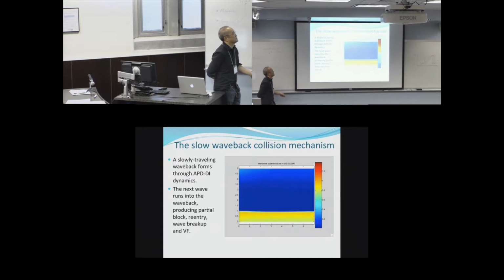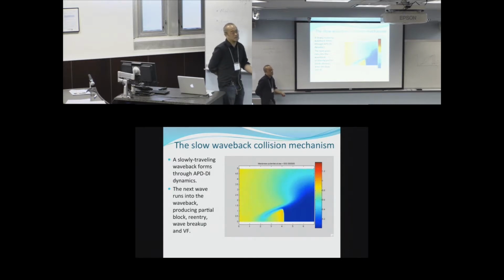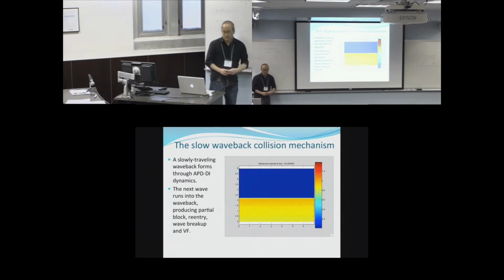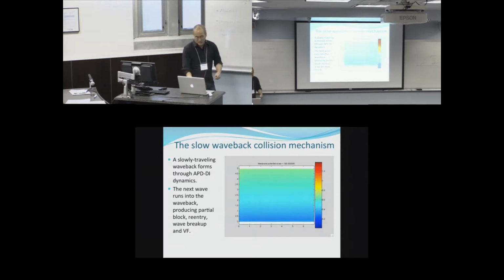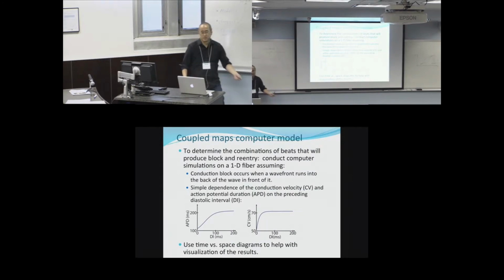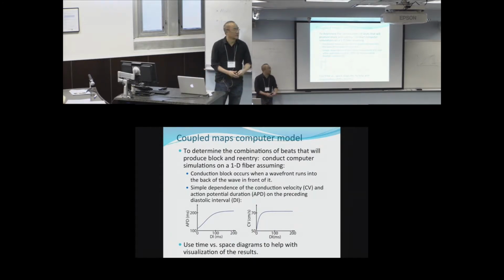So one more time, there's a fast traveling wave. You can see how slowly that wave back is traveling, and then the next wave runs into it. Okay, so the hypothesis is that maybe this could also be happening just before ventricular fibrillation.